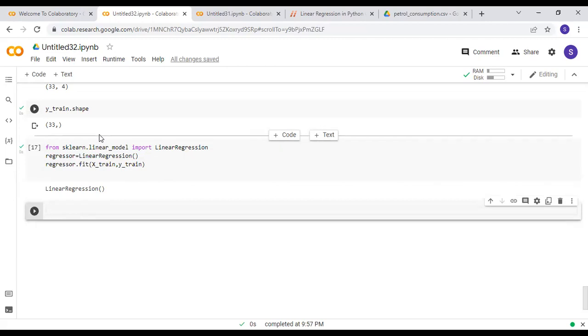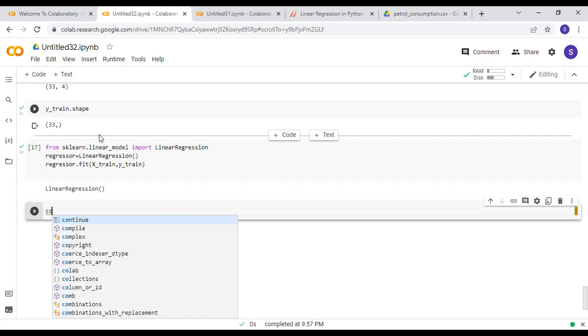The coefficient means those beta values, that is beta 1x plus beta 2x, beta 3x, beta 4x, dot dot dot up to beta nx. The coefficient of those beta values we will calculate.